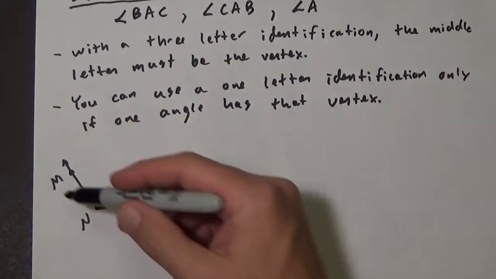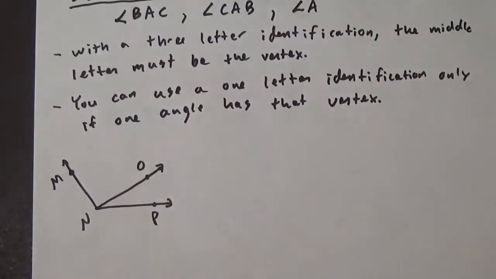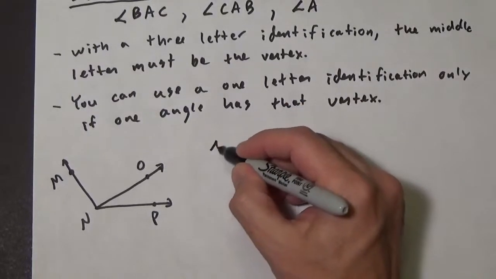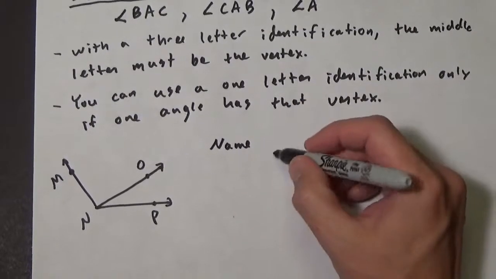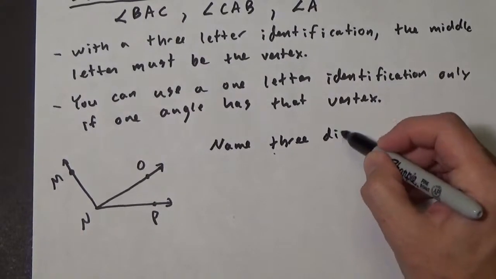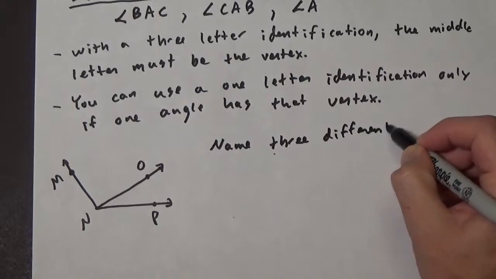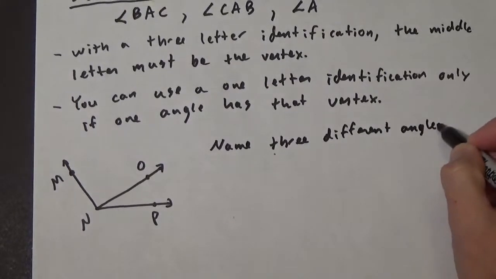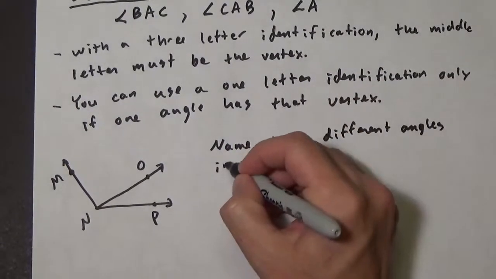Let's say we have this figure right here. Let's name three different angles in the diagram.